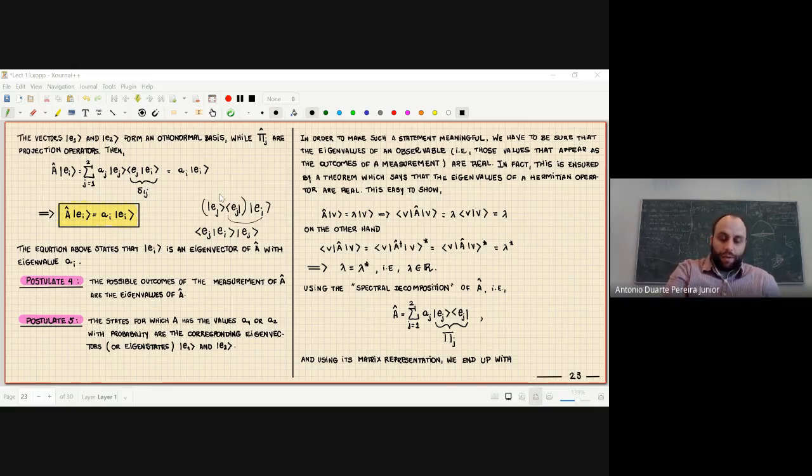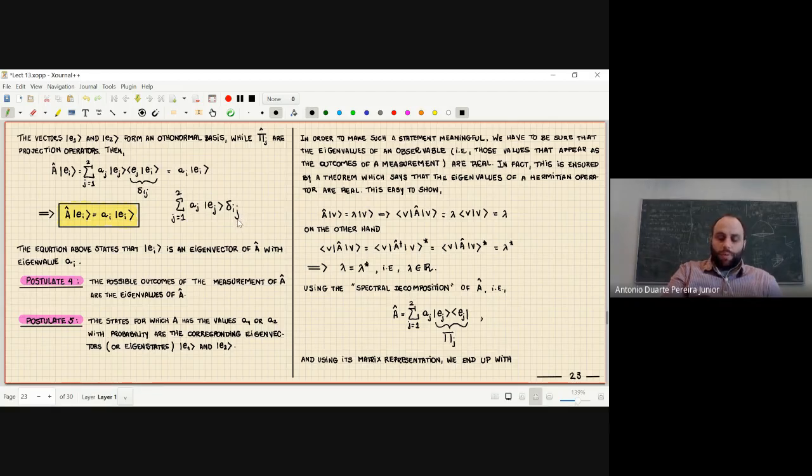And I will have the following result. I will have a sum, summing over 1 and 2, of A_J E_J delta_IJ. But you see that delta_IJ is just a number. It is either 1 or 0. And I'm summing over J, which goes from 1 to 2.